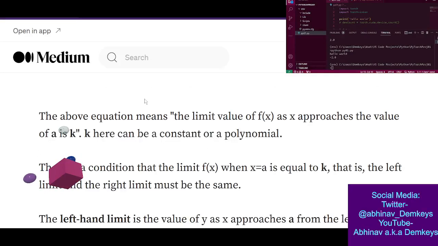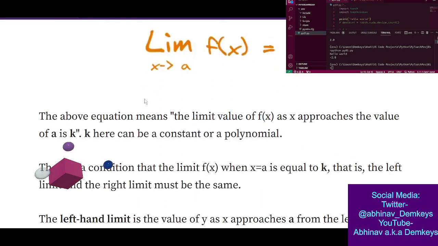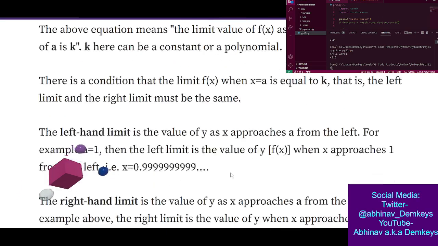That is like what's being described here, right? The limit of f of x when x is equal to a would be k. But it says as x approaches a. The left limit and the right limit must be the same. What is the left limit? And what is the right limit?